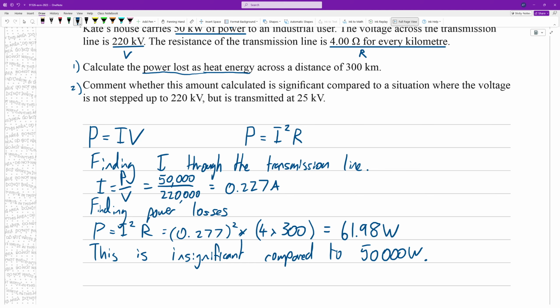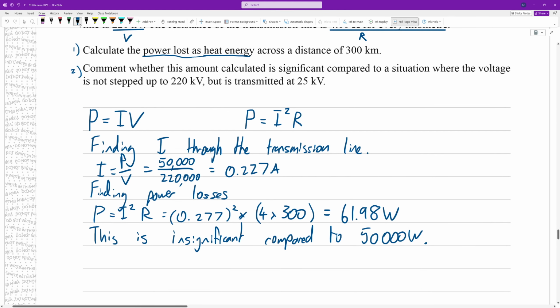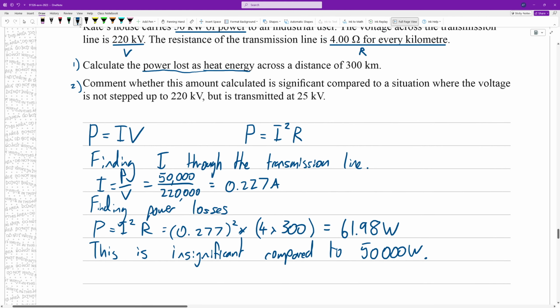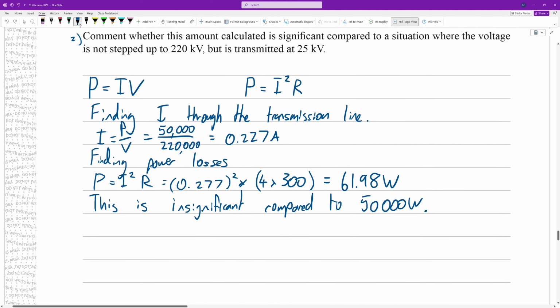Now in part 2, we perform the same calculation, but instead of stepping it up to 220 kilovolts, right down here, it's only transmitted at 25,000 volts. So let's do the same. I equals power, 50,000, divided by 25,000, which is a nice 2.0 amps.